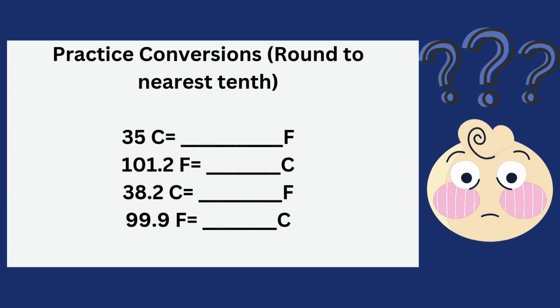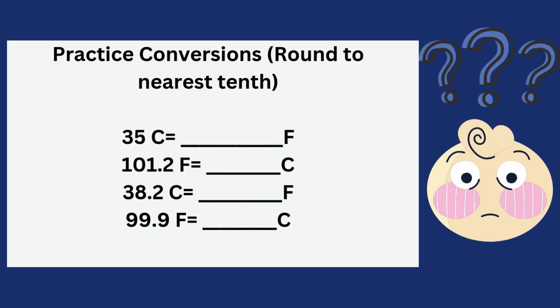I'm going to take that 35 degrees Celsius times 1.8 and add 32 to the answer. And you should come out with 95 degrees Fahrenheit. That would be the first answer.